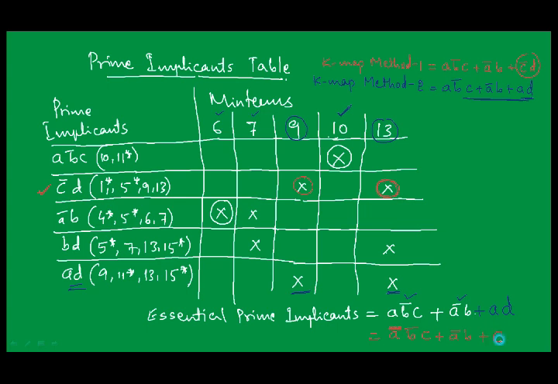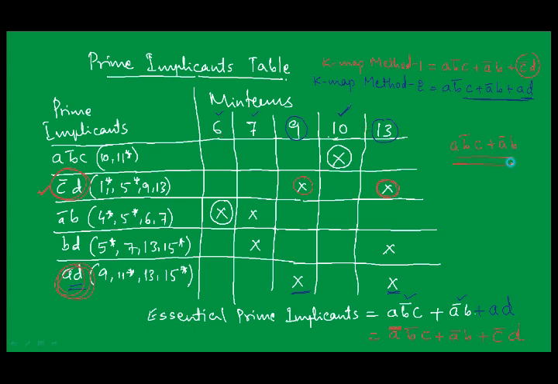So the third term is what? C bar D. So here, along with A B bar C and A bar B, you write either AD or C bar D, because if I write either AD or C bar D, then only I can cover all the minterms.